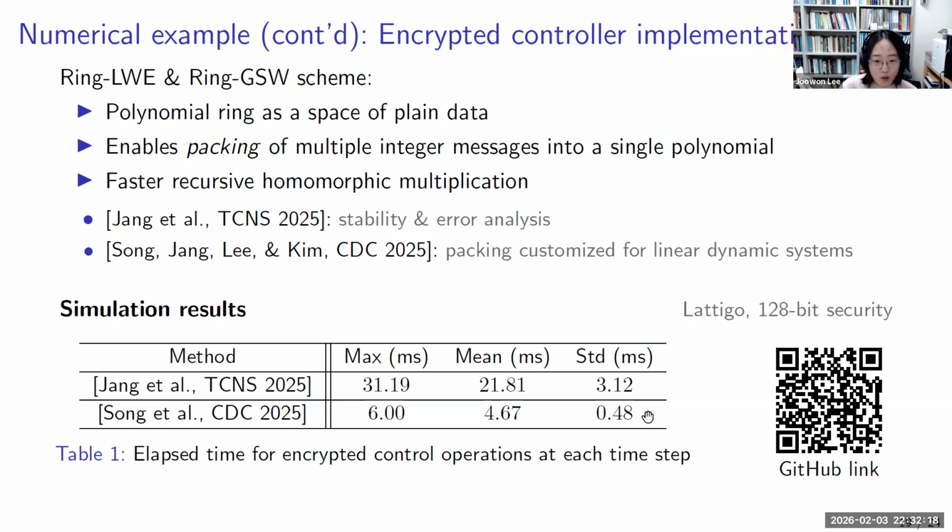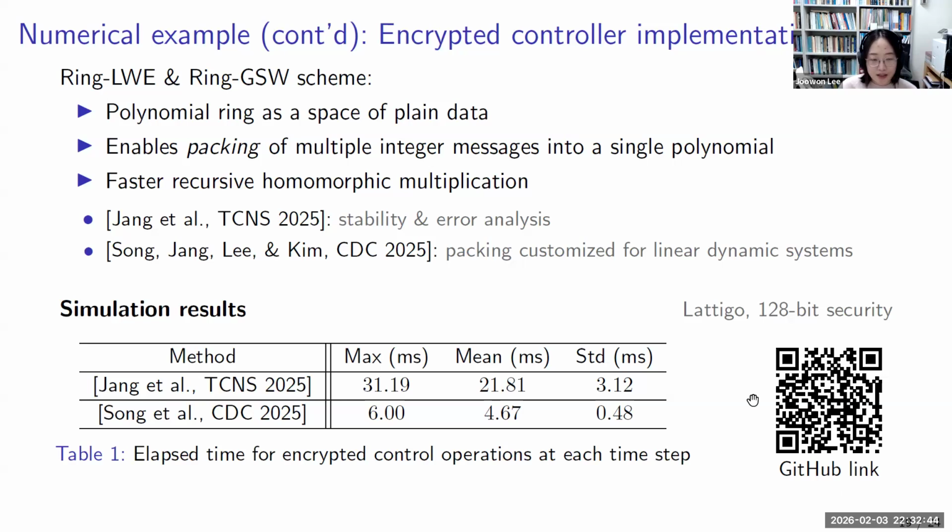And we used a homomorphic encryption library called Lattigo, and our setting also ensures 128-bit security, which is kind of a standard in this cryptographic field. And here I posted the GitHub link for the implementation of this controller.